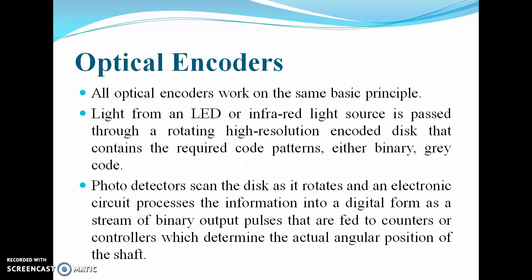Next type is optical encoders. All optical encoders work on the same basic principle. Light from an LED or infrared light source is passed through a rotating high resolution encoded disk that contains the required code patterns, either binary or gray code.